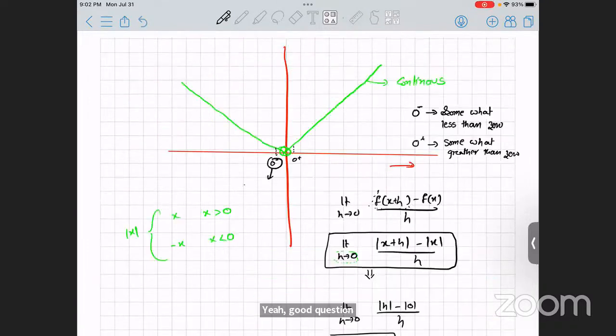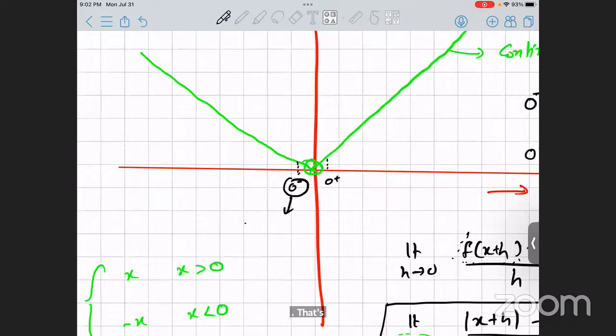Look, from left to right, are you able to see this? Look, what happens is that here it is not exactly 0.